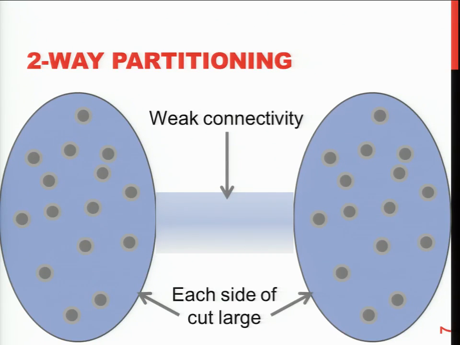You don't want only one vertex here and the rest of the vertices here, because naturally there will be a very small number of edges, just the number of edges connected to that node, right? That is sort of a trivial cut, but we want to get two moderately big chunks. So we want to cut the graph into two moderately big chunks so that the total number of edges, or if the edges are weighted, the total weight of the edges, is small.